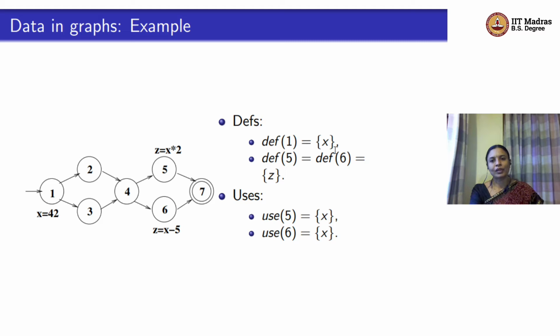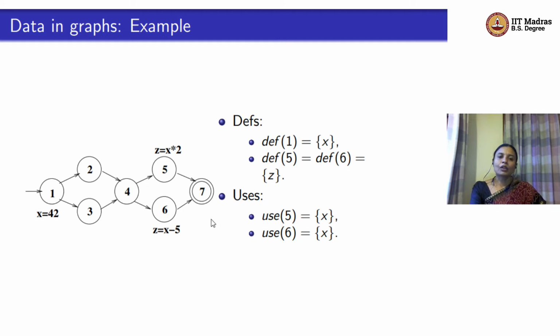Is this clear? Similarly, in nodes 5 and 6, the variable z gets defined, as 2x in 5 and as x minus 5 in 6. So definition of 5 is z, and definition of 6 is also z. Is that clear? Now let's go to uses.